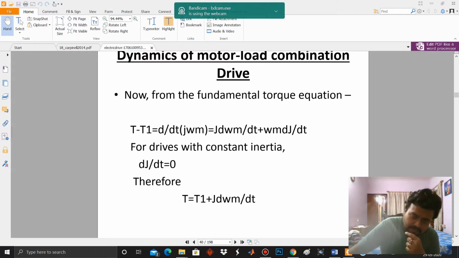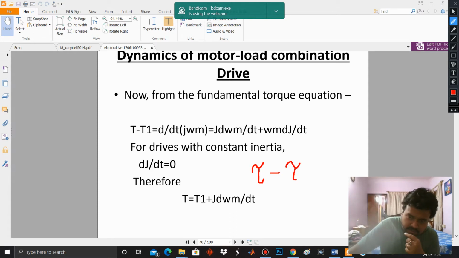So now, if the motor torque is tau, as per dynamics, the net torque is tau minus tau L, and that is equal to d/dt of J omega m.